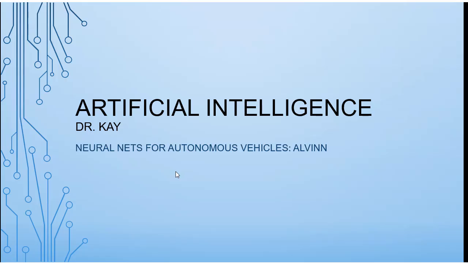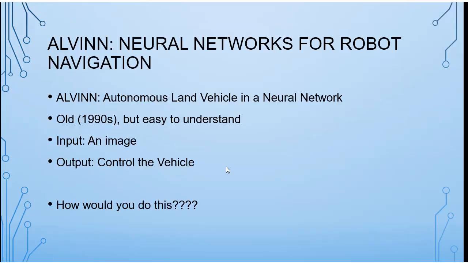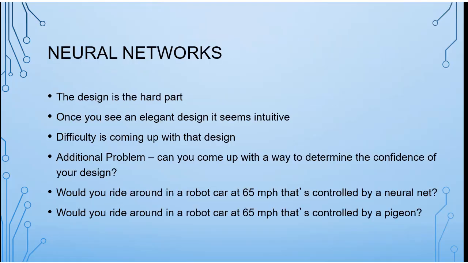Mid 90s, ALVINN was already working, but easy to understand, so I thought it would make a nice case study. You're getting an image as input, trying to control the vehicle as output. Whenever we talk about designing a neural net, the design is the hard part. It's just like the wheel is really obvious once you see one.